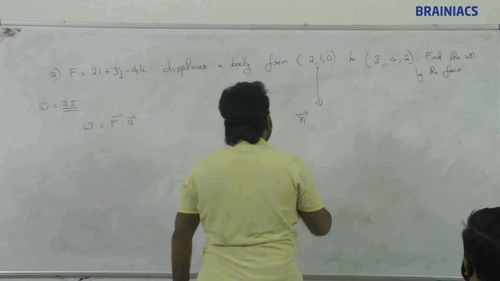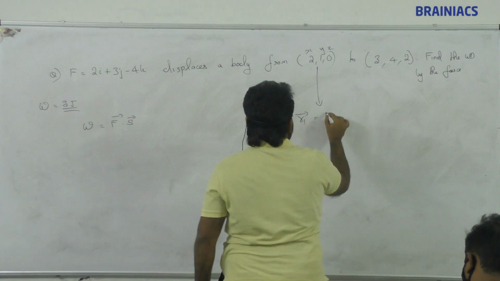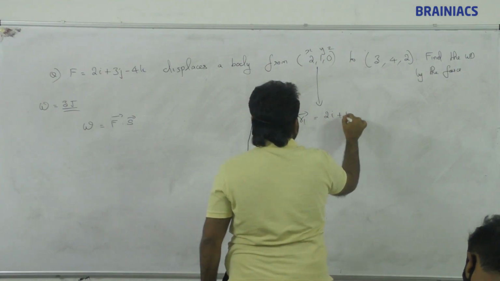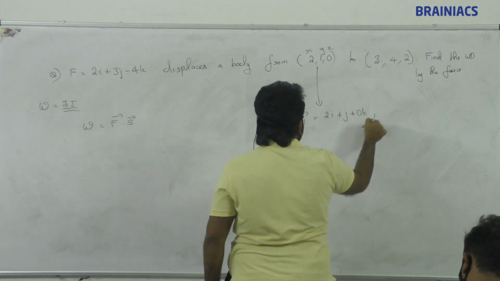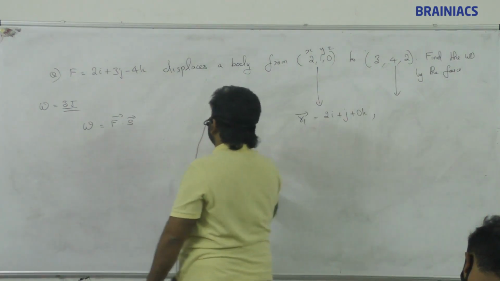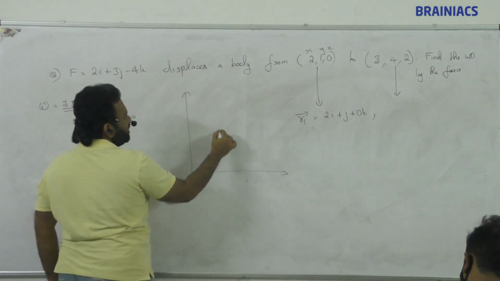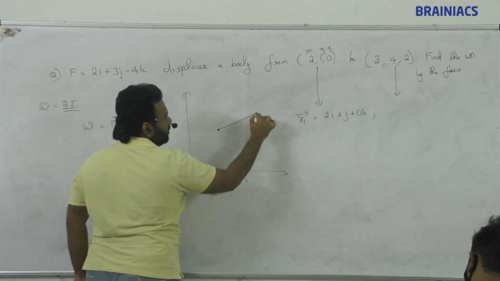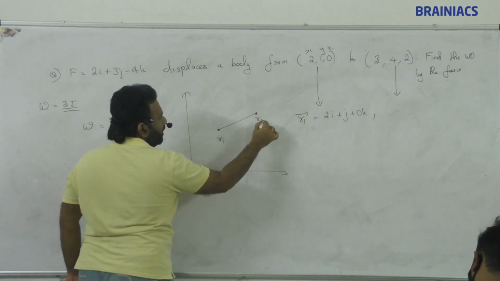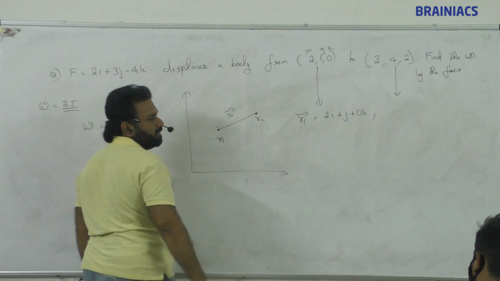The position of the object is given as x, y, z: 2i plus j plus 0k. This is the position from which we are changing. Suppose this is the initial position, shifting to the second position, r1, r2. The difference between them is the displacement.